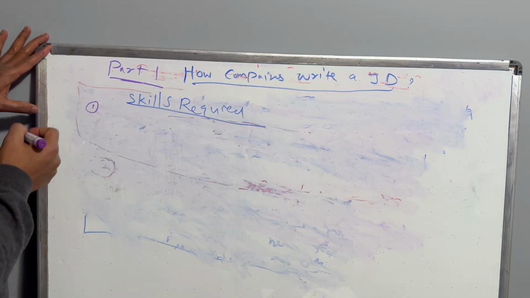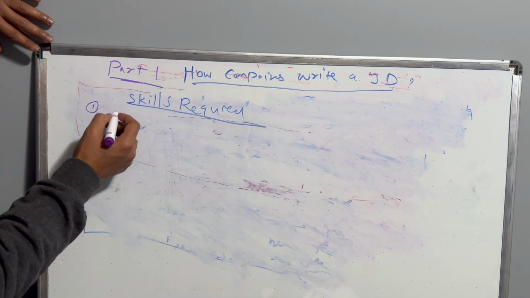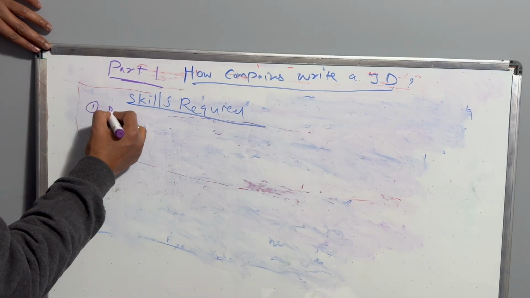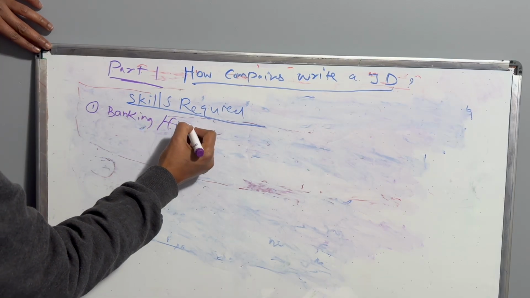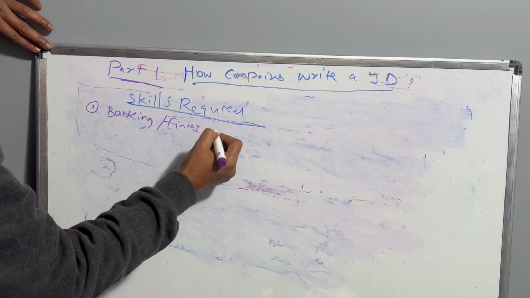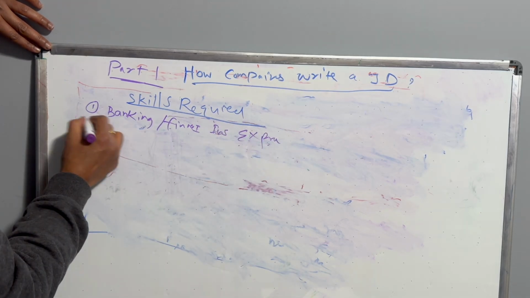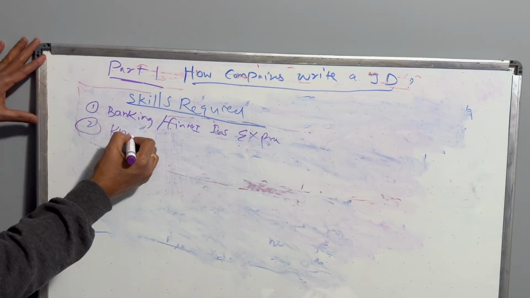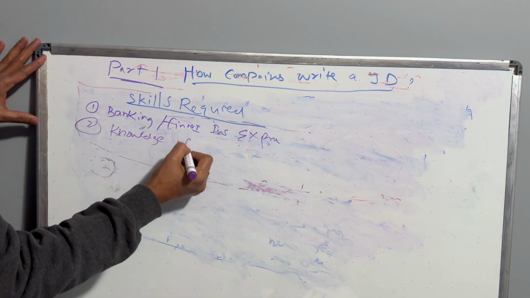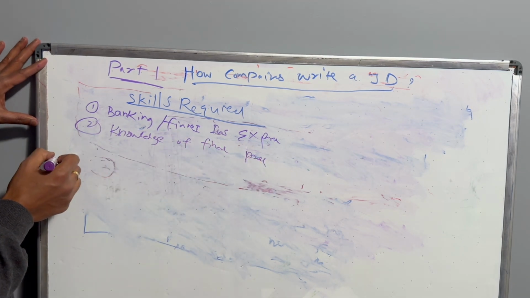Number 1, remember at the beginning, this job posting is a banking position. So banking or financial institution experience. Okay. Second, they are asking knowledge of financial products. So do you have forex knowledge?